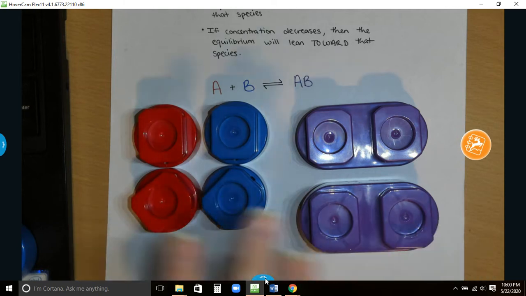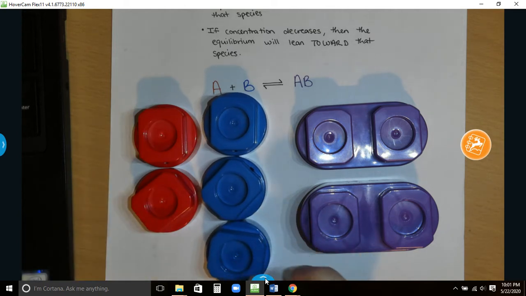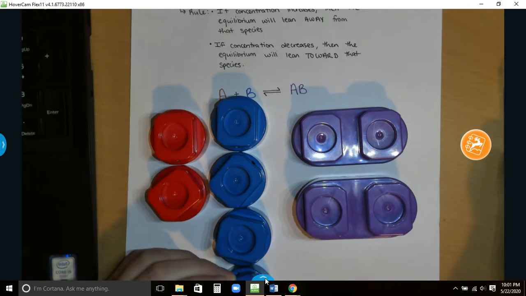And so it goes back and forth and it's nice and balanced. So what happens if I want to increase the concentration of one of these chemical substances? Let's say I choose to increase the concentration of B. So I'm going to add 2 extra B's, 2 extra blue blocks, here to this reaction.